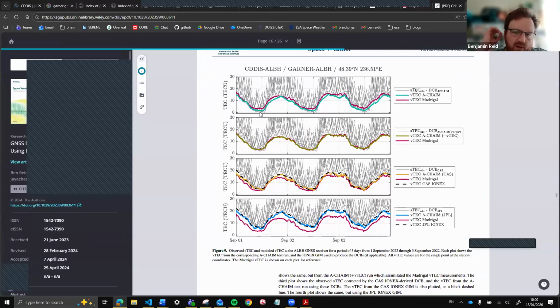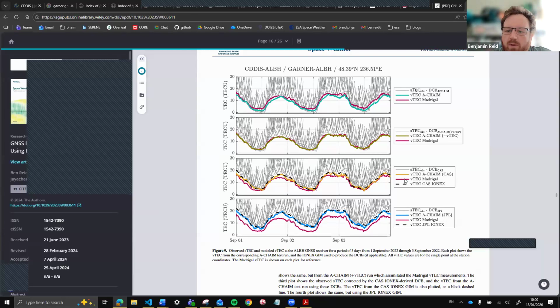So here, for example, you can see this is one station, and this is a good example of describing how it works if you're using an Ionex map. All that you can see here in gray are the slant TEC arcs. If you map them down to VTEC, you get something that looks like one of these curves here. So you're taking all the geometric information out and mapping it down.